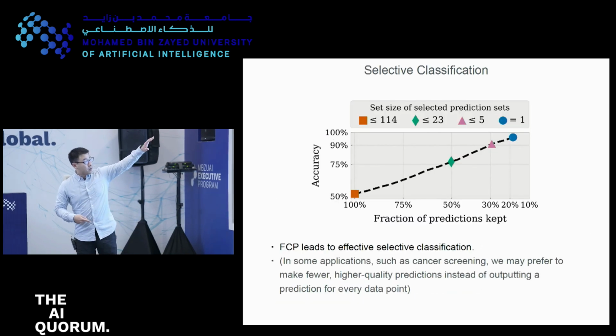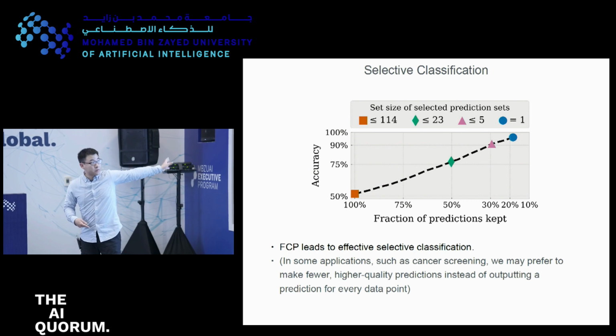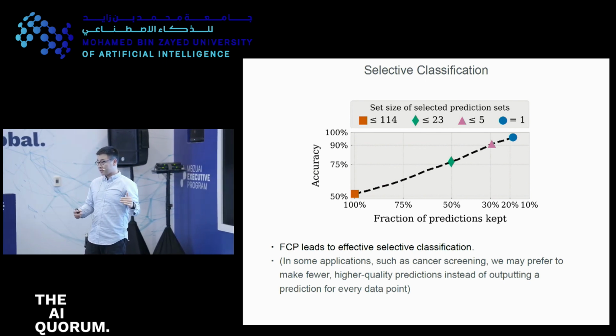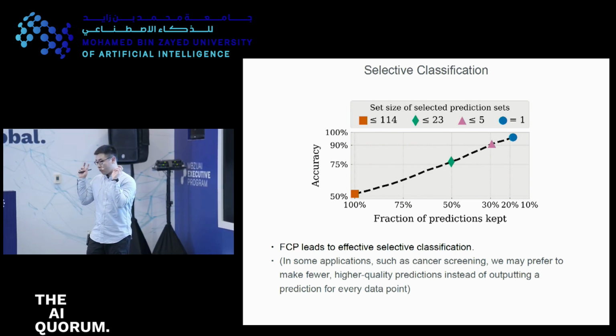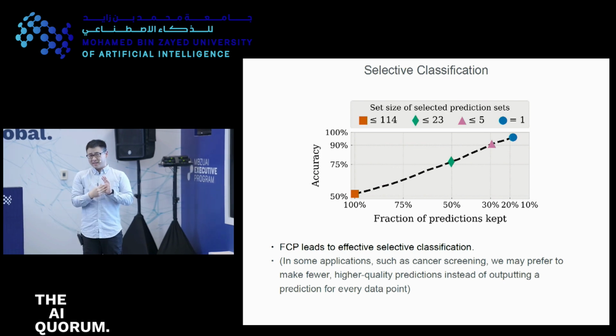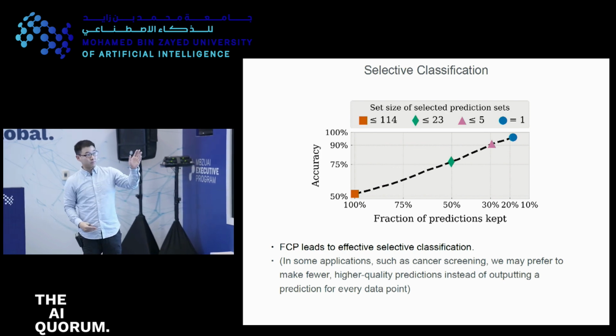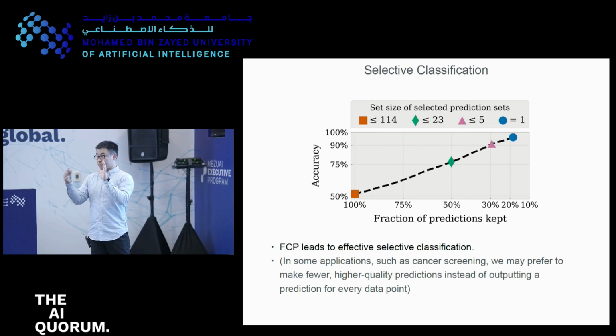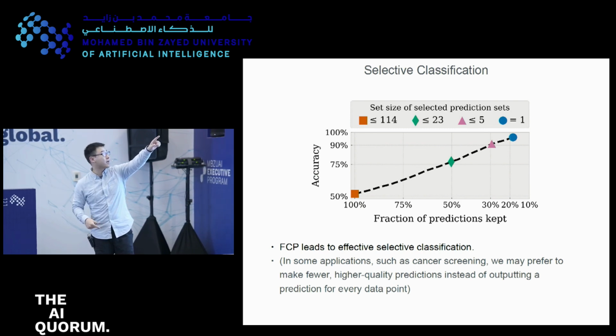This conformal prediction algorithm can also be applied to other applications like selective classification. Basically, if the prediction set size is small, then the prediction is more likely to be accurate. So if we make predictions only on those with small set size, then we have pretty high accuracy.